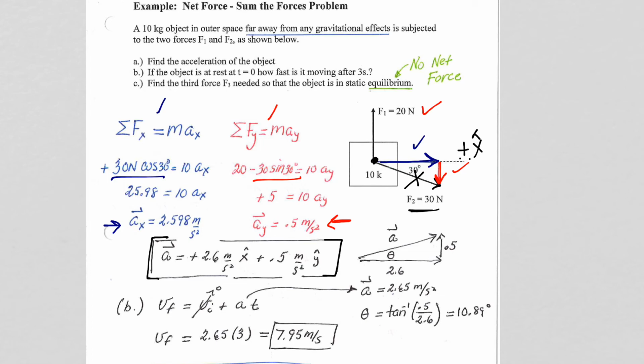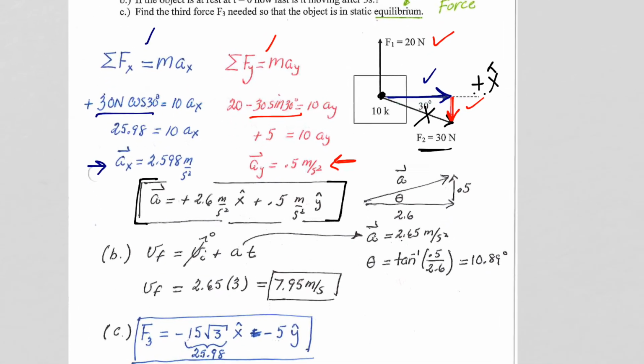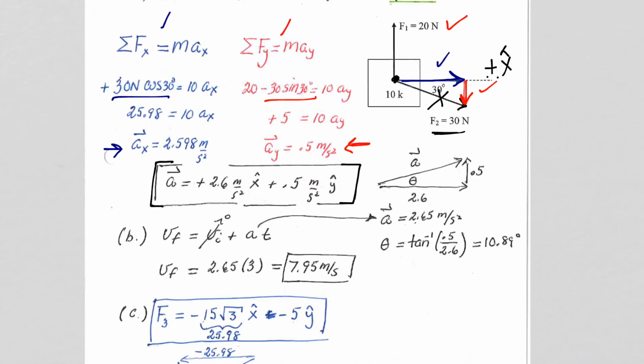Now if we were asked for the magnitude of the acceleration, then we have no choice. The magnitude of the acceleration is the Pythagorean theorem calculation of the 2.6 x and the 0.5 y to give us the overall acceleration.